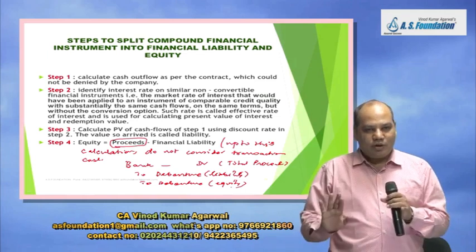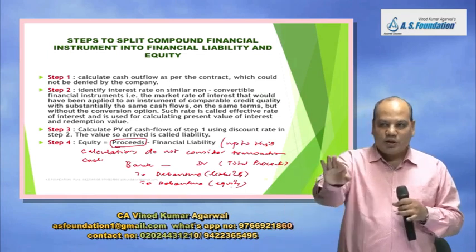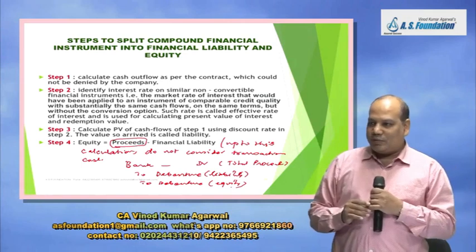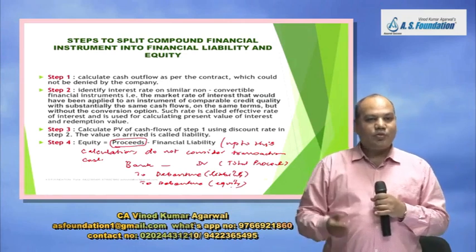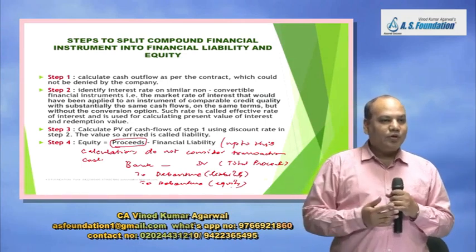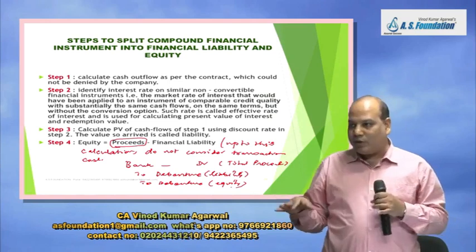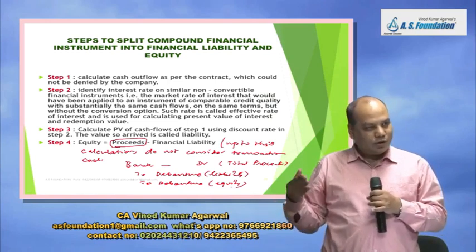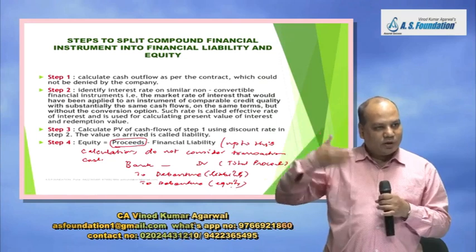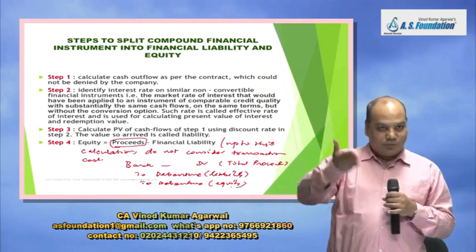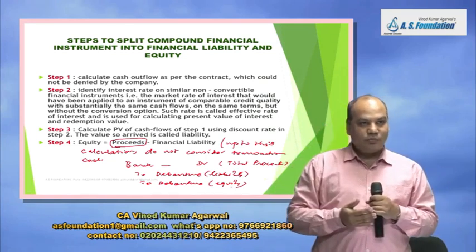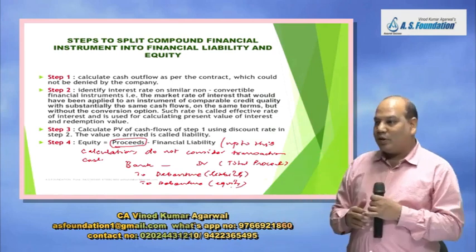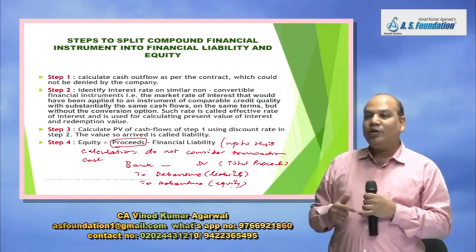In this chapter, we would normally be asked to pass entry only up to day 1. Subsequent accounting will depend on the classification of debenture. Equity will not be given any further adjustment. The same equity figure will appear again and again till the conversion or redemption. But the debt accounting can be different depending upon the classification.